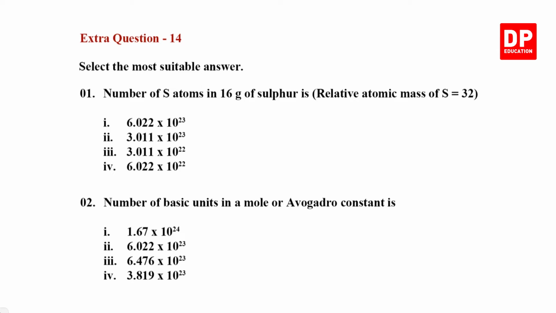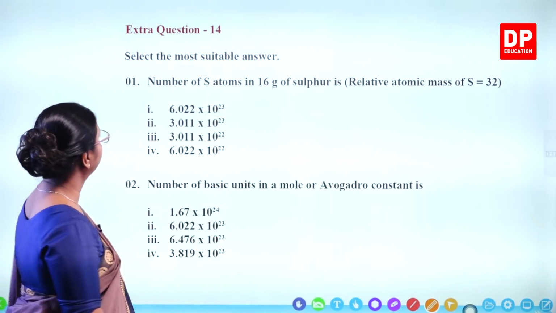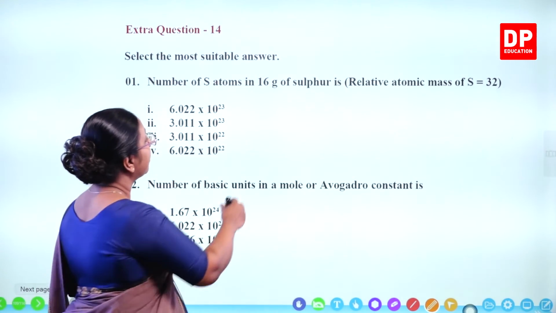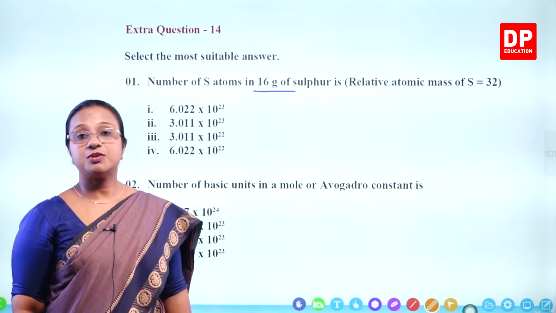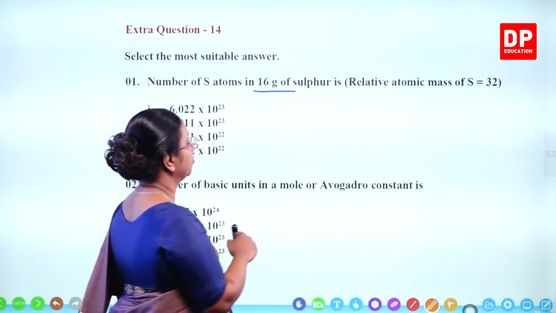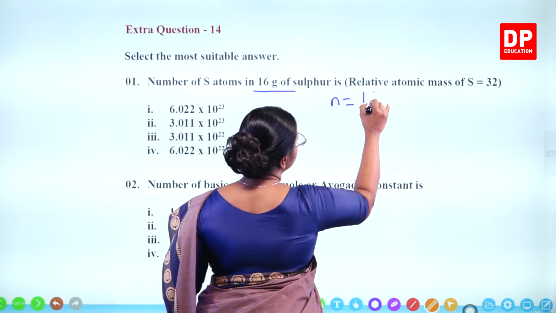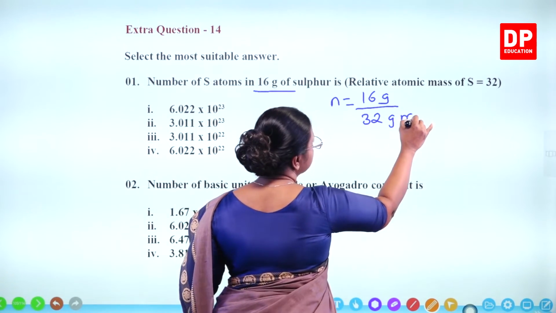This is extra question 14. Select the most suitable answer. So you know these are the MCQ type questions. Number of sulfur atoms in 16 grams of sulfur. The relative atomic mass of sulfur is given to you, 32. Then you need to calculate the number of moles, mass over molar mass, 16 over 32 grams per mole.